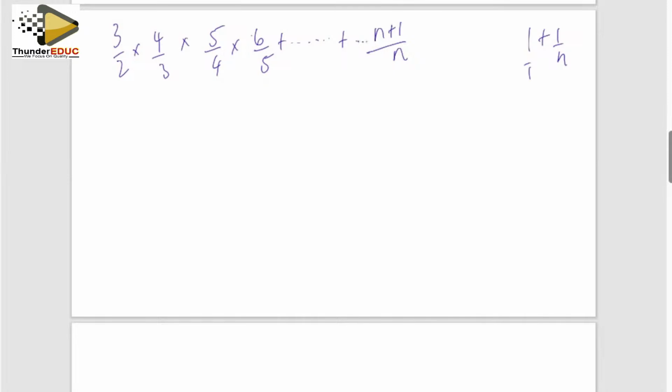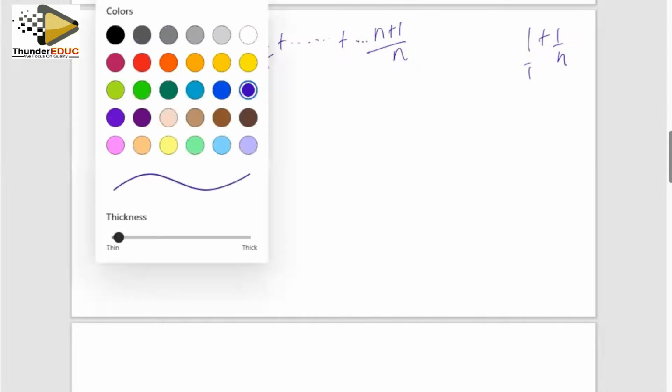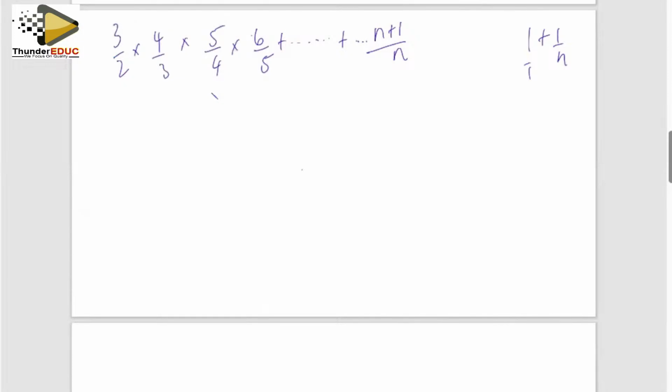That's our last term. Now, we need to identify something or some sort of a pattern, okay? Now, this pattern is, we cross this, we cross that. We cross that, we cross that. We cross this, we cross that, we cross that.